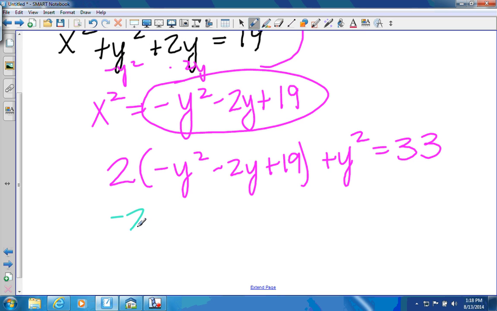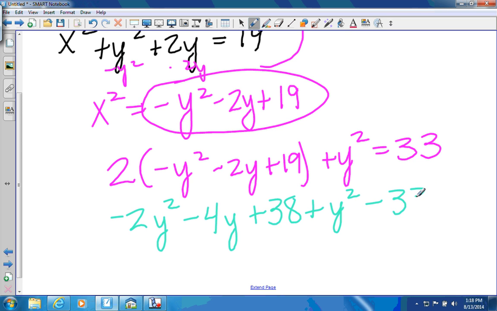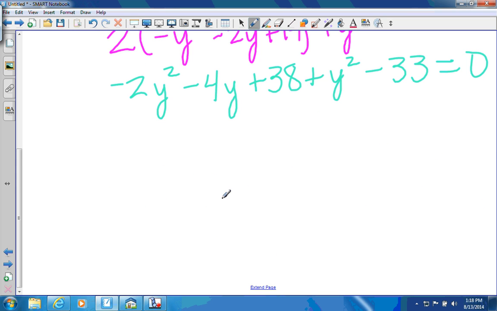First, 2y squared minus 4y plus 38 minus 33 equals 0. Simplifying it.